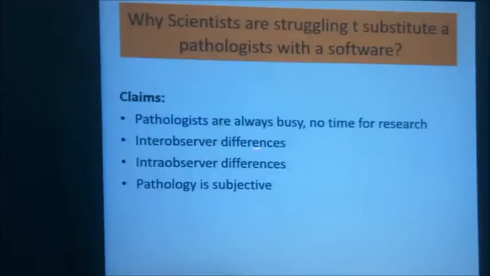I have talked about this. If you take the same slide to another pathologist, they will have different opinions. Intra-observer differences: the same pathologist, on different days, given the same slide, for example to ask about scoring, can give you different readings. And the fourth, they say pathology is subjective, and I have defended this, that actually all the clinical subspecialties are subjective.